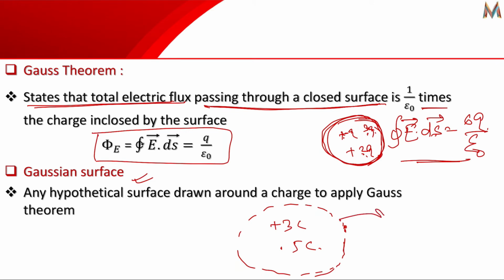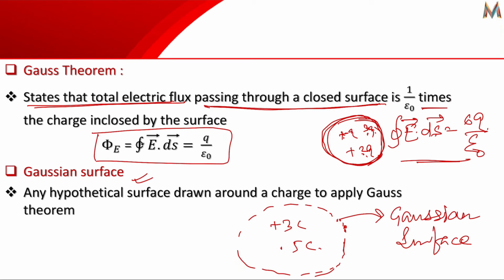This imaginary closed surface is called a Gaussian surface. Now we can apply the Gauss theorem to find the electric flux or electric field due to the charge enclosed inside this Gaussian surface.